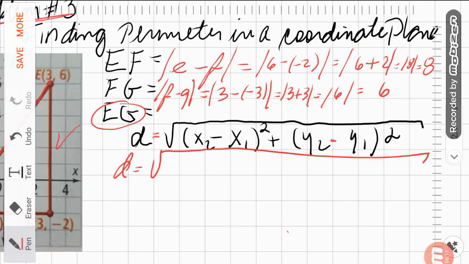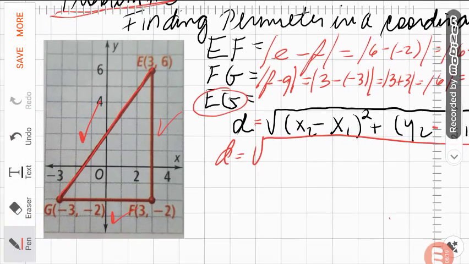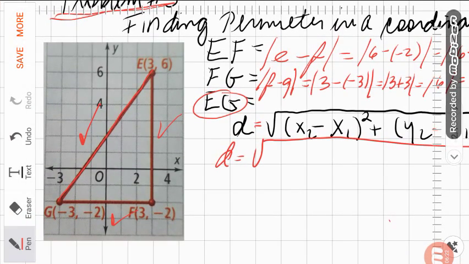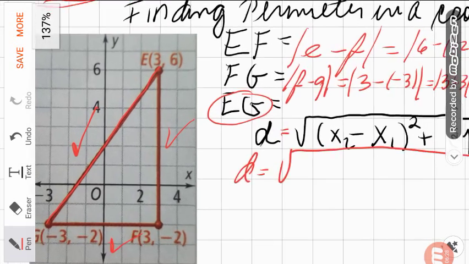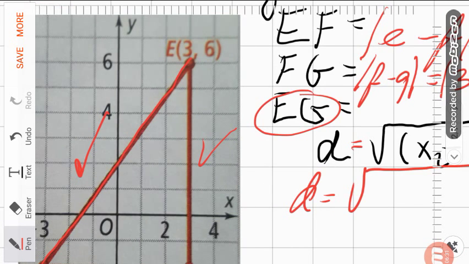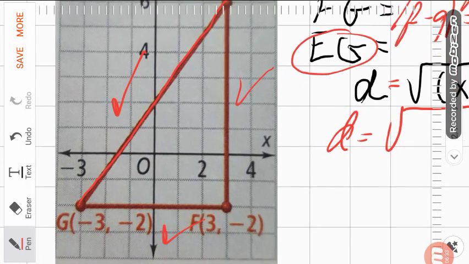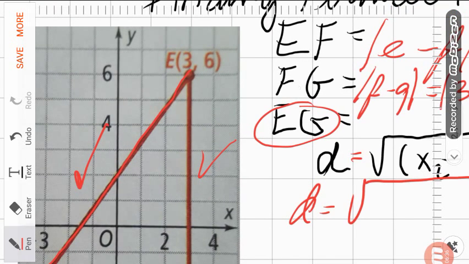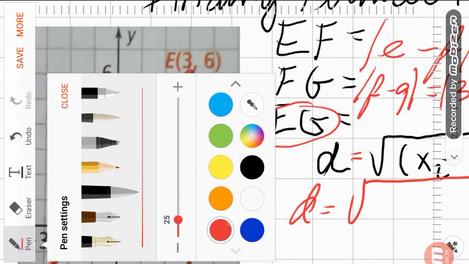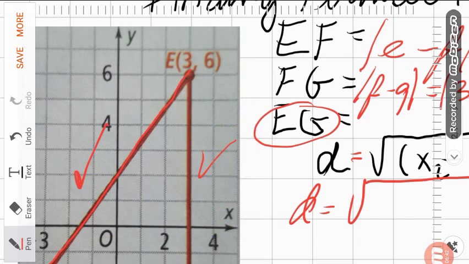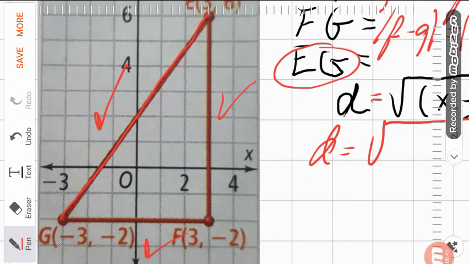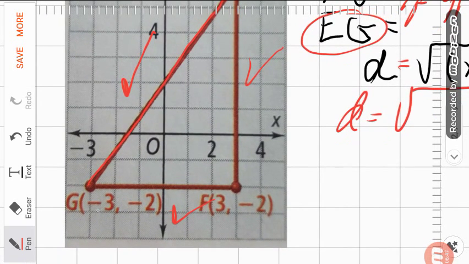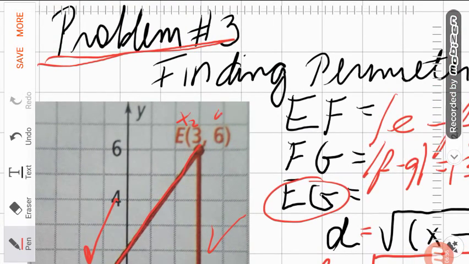Because we're talking about points E and G, let's label it so it will be easier. We're going to call this one x1, and this would be y1, and then this would be x2 and y2.